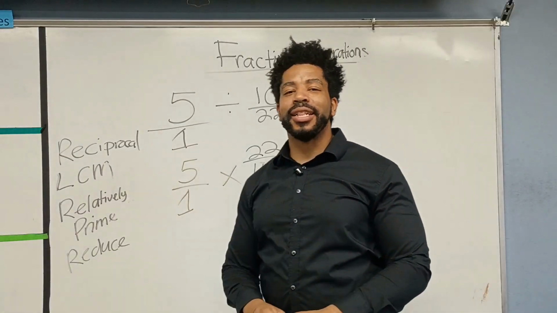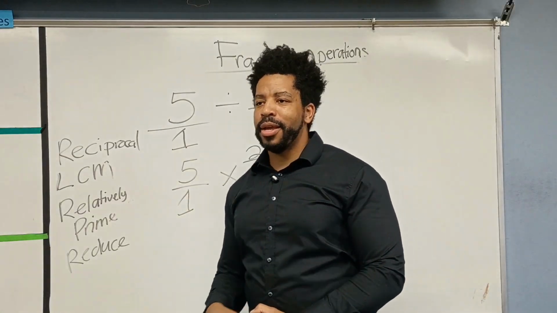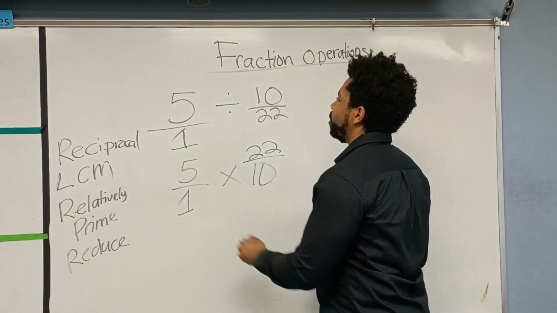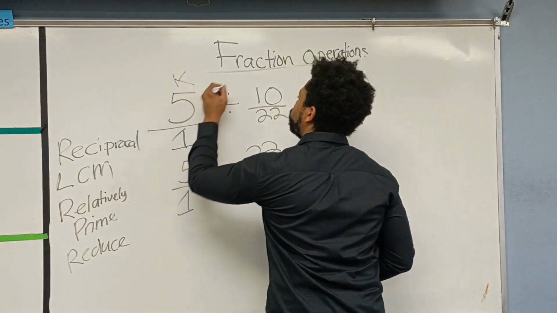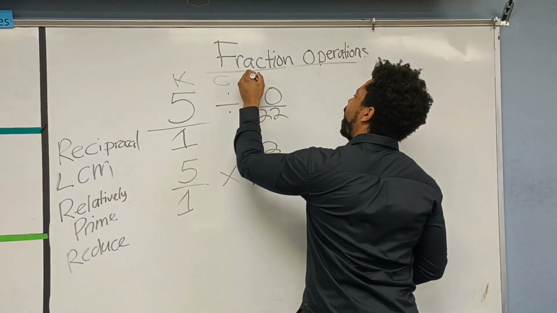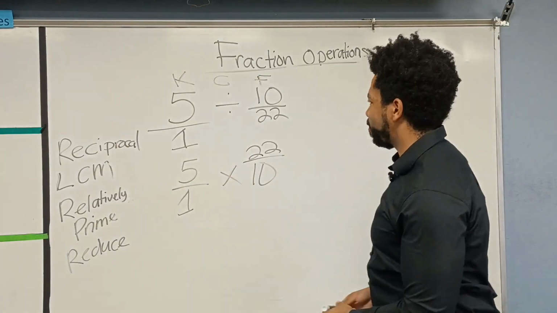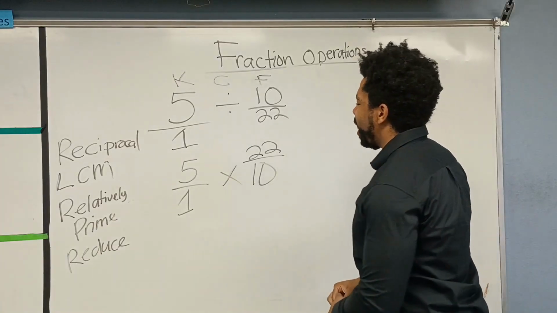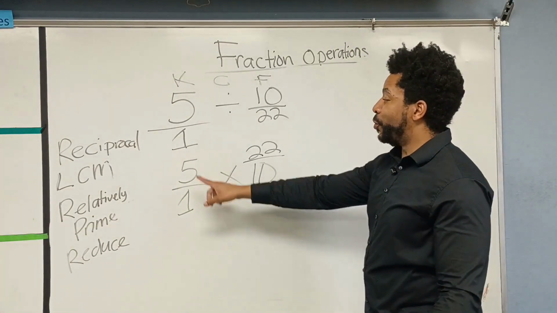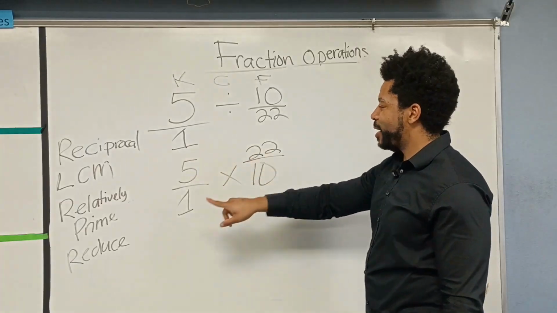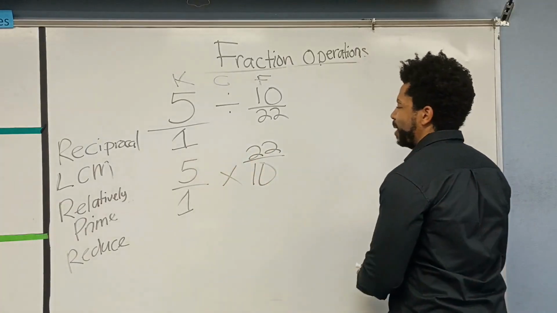You might hear it like this in some classrooms: keep, change, and flip. That is something that you might see, okay? And then from here, well, what do we do? Numerator times numerator, denominator times denominator.